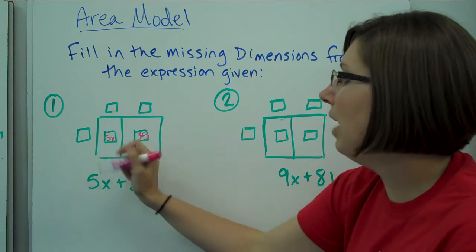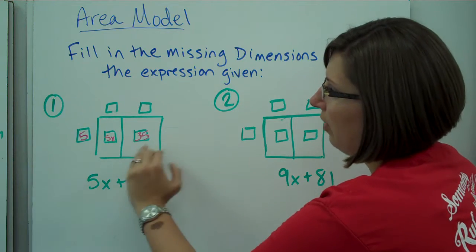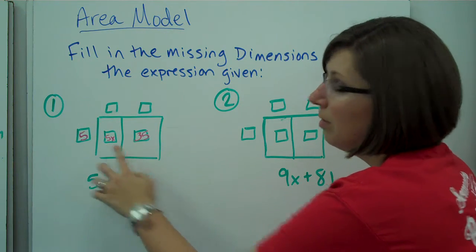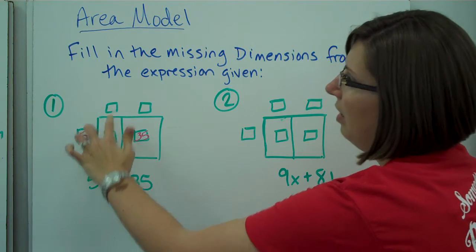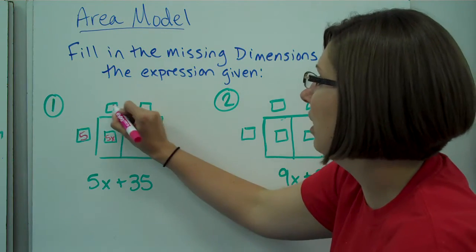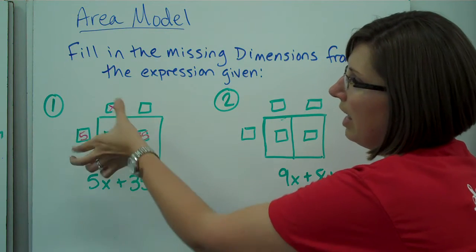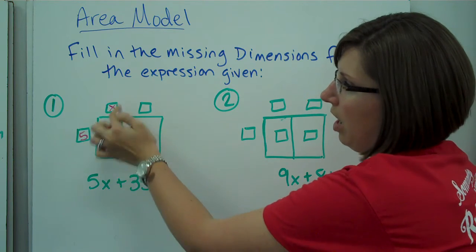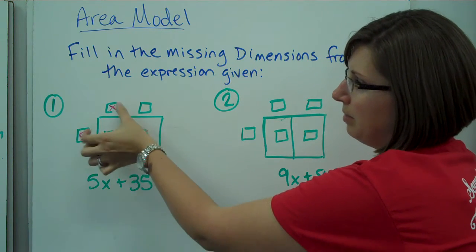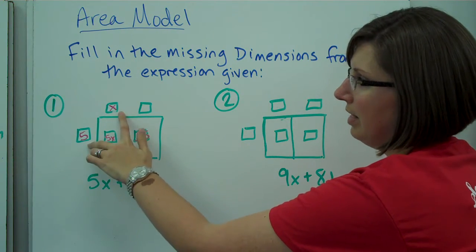Well, if I pull out a 5 here, if I'm pulling that out from this entire row, as in dividing, 5x divided by 5, the only thing that would have to go here is x. So if I multiplied this row and this column together, 5 times x, that would be 5x. So that's my product of this item and this item.